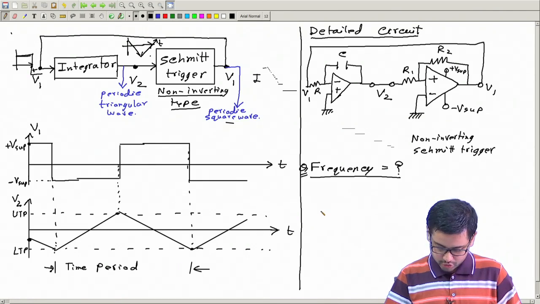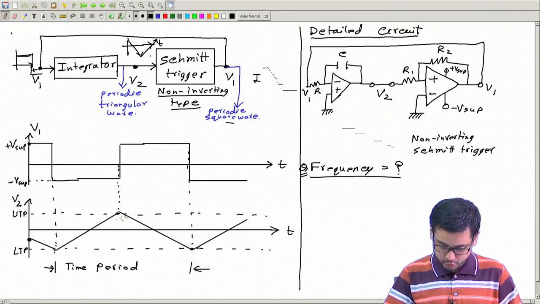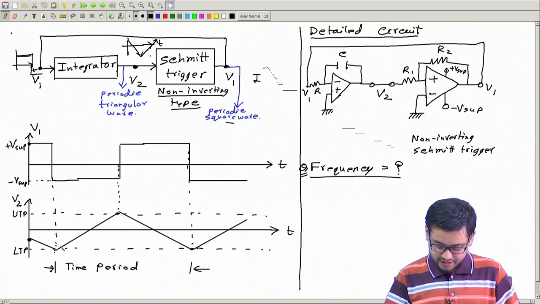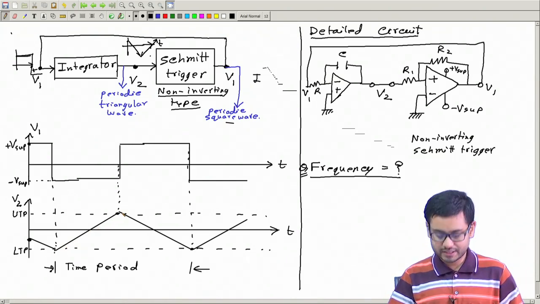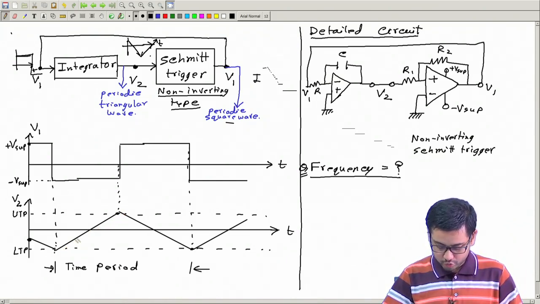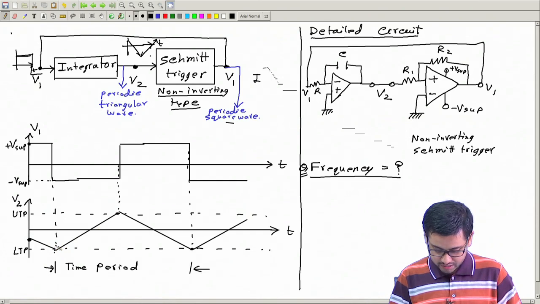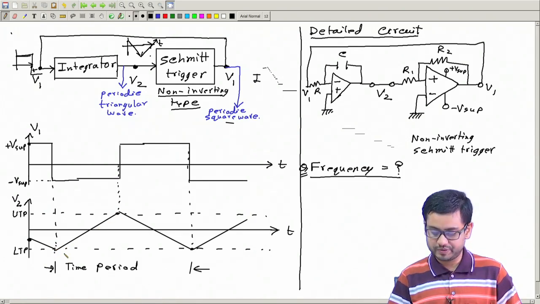For this V2, you see V2 is increasing from the lower trigger point to the upper trigger point, LTP to UTP, like a straight line, uniformly. So let us calculate how long V2 will take to grow from LTP to UTP.